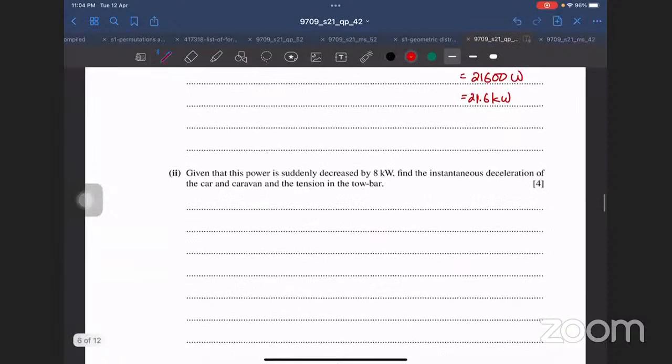Given that this power is suddenly decreased by 8 kilowatts, okay, so new power is 13.6 kilowatts.